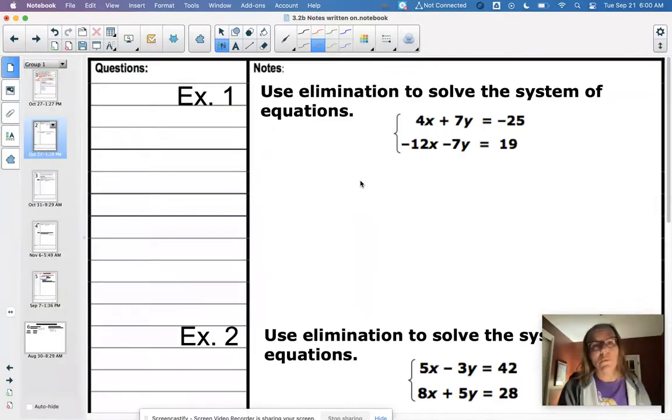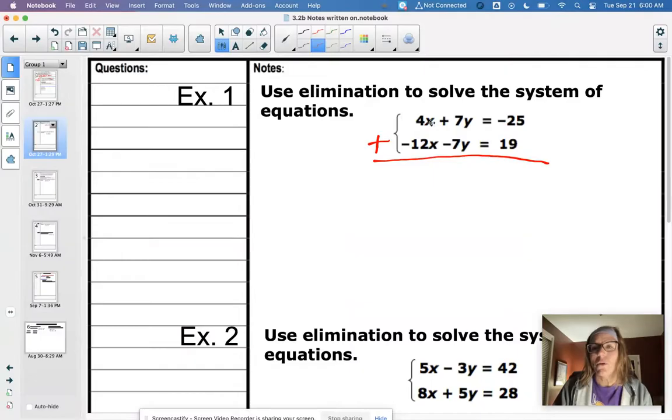So let's do example 1. We're using elimination to solve the system of equations. So I start by going like this, and I'm going to add. When I look at the x's and the y's, I can see that I'm not going to have to multiply either equation by anything, because if I add 7y plus a negative 7y, the y's are going to cancel.